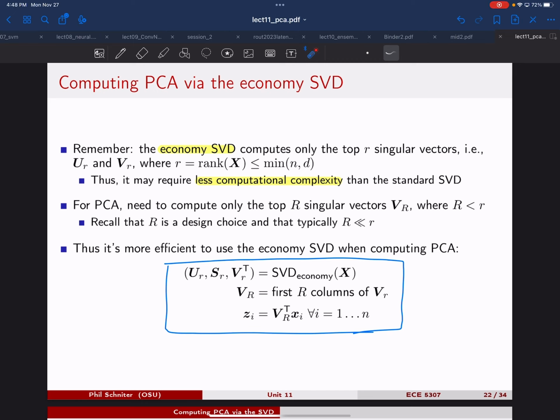In fact, there's a couple different ways to implement this. One of them, which I use in some of the demos, is what's called the sparse SVD. There are different algorithms used to compute this, and some of them allow you to compute only the first capital R. This standard one computes however many are needed to get the rank.